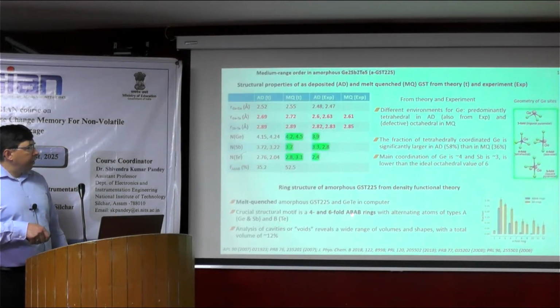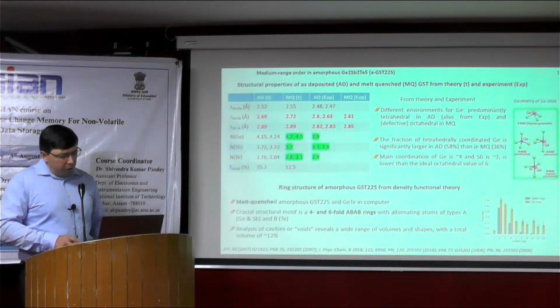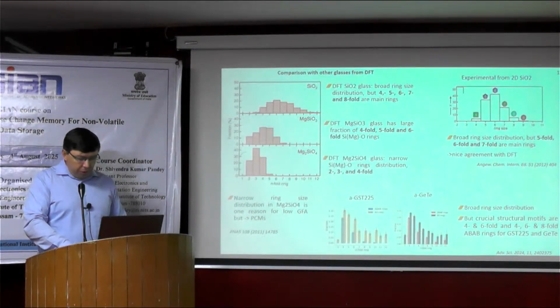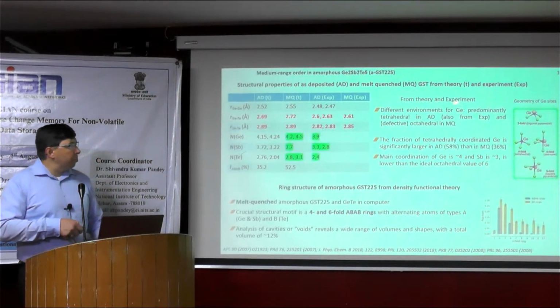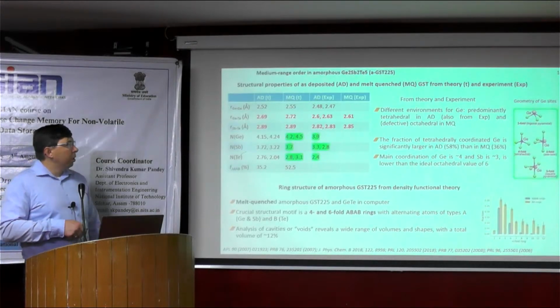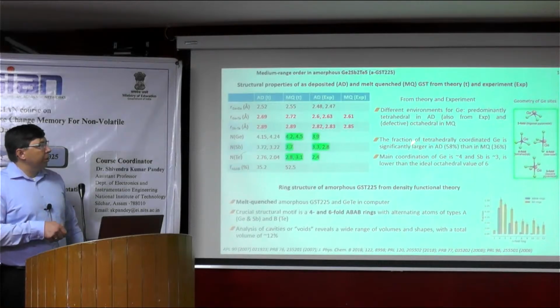A here is germanium and antimony, and B is tellurium. The simulations also show the existence of some cavities in the amorphous structure, up to 12%. So from this we can see the difference between the melt-quenched and as-deposited phases, mainly in the local environment of germanium. This is tetrahedral in as-deposited and defective octahedral in melt-quenched.